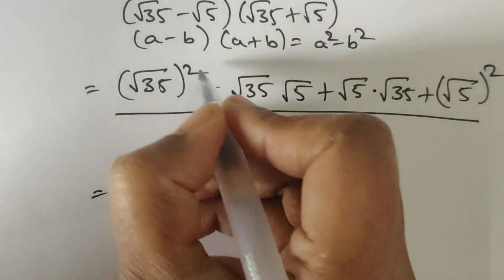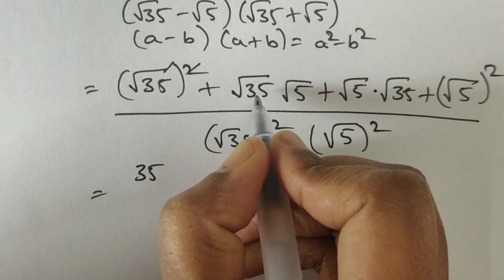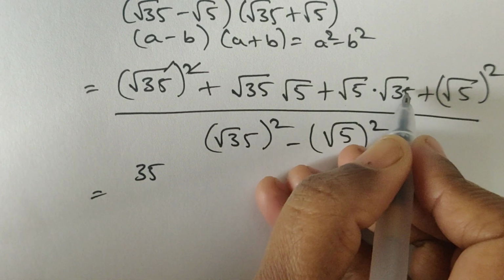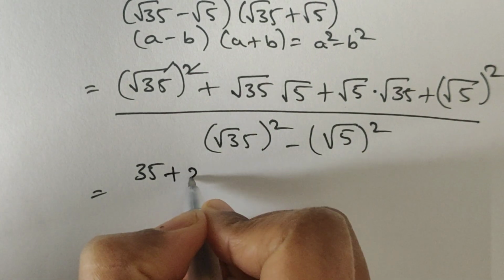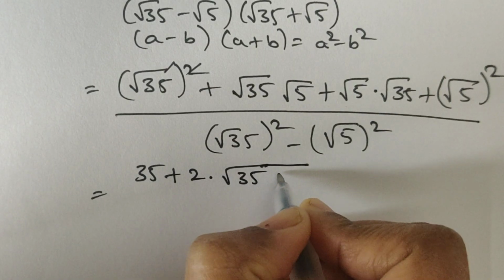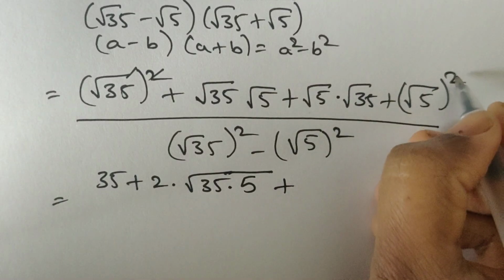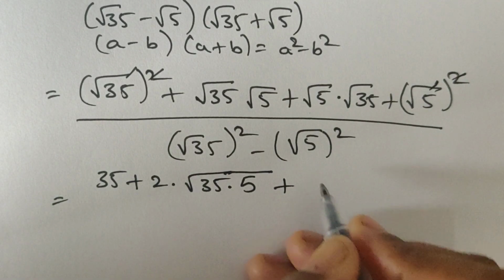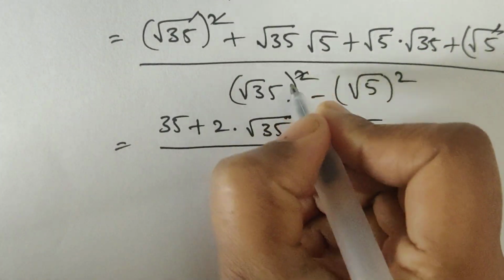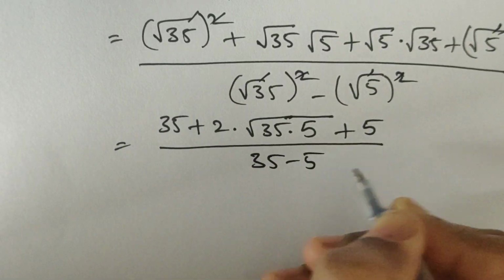So now here the square root gets cancelled, 35. So plus here √35 times √5 plus √5 times √35, which is equal to 2 times √(35×5), plus 5, divided by, the square root gets cancelled, 35 − 5.